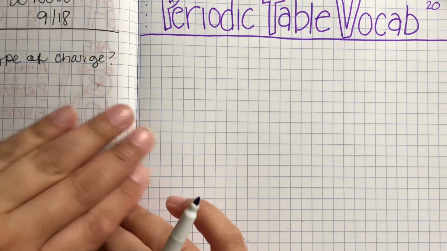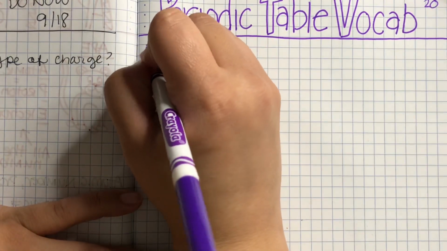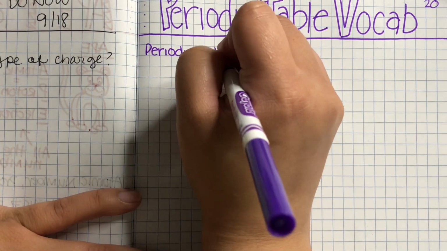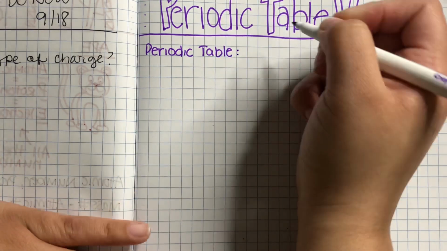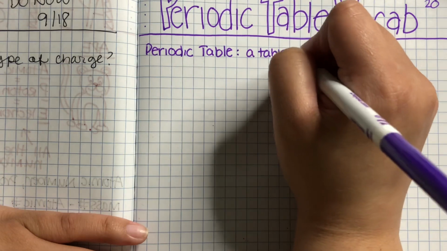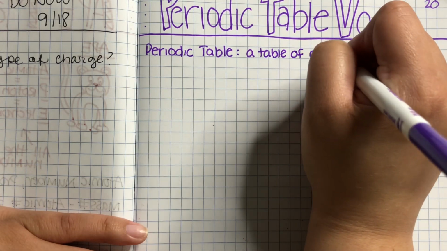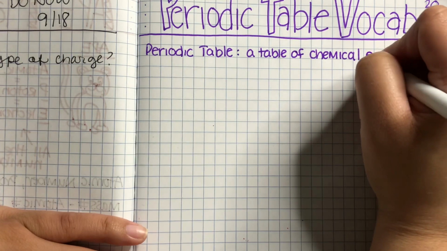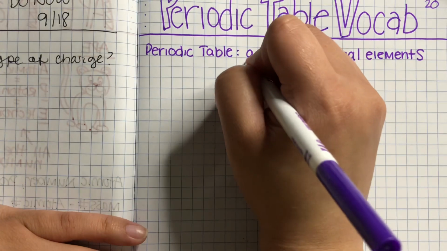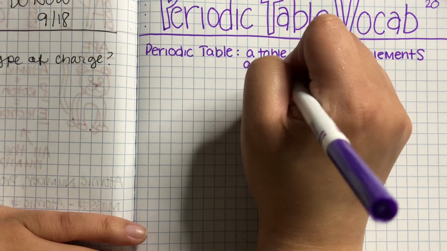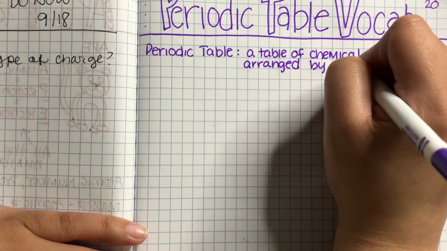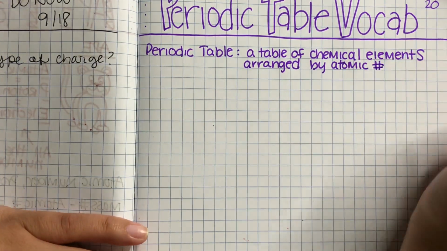So our first word is periodic table. And it is a table of chemical elements arranged by atomic number. Remember, we talked about it.